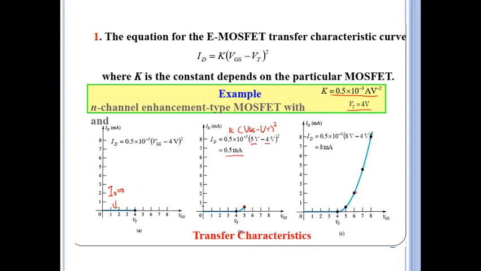So you can continue calculating the points, for VGS equal to 6 volt, 7 volt, and 8 volt. For example, for the 8 volt, we'll get 8 milliampere. So when you have these points, you can connect all these points and you can obtain the transfer curve.